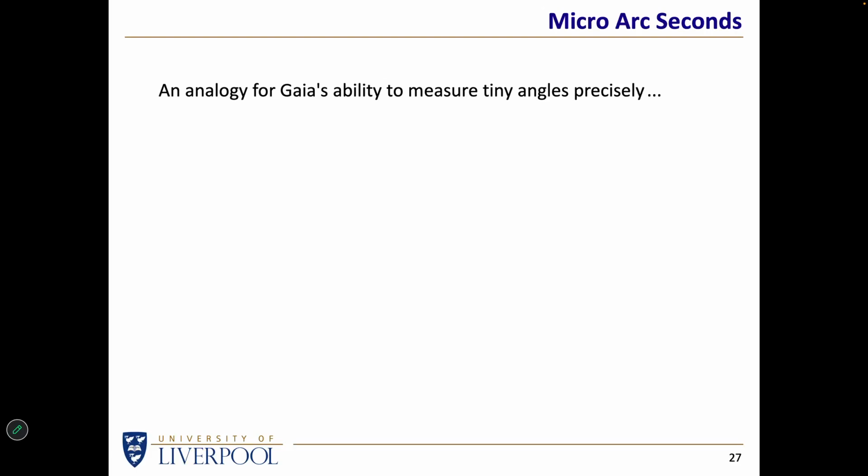Now, 10 micro-arc seconds is phenomenal, but it's difficult to gauge just exactly what that means. 10 micro-arc seconds, 0.01 milli-arc seconds. Let me give you an analogy that tells you just how ridiculous that precision is.